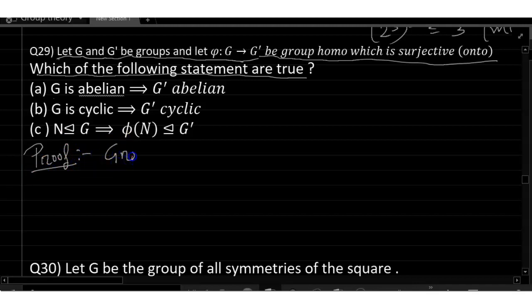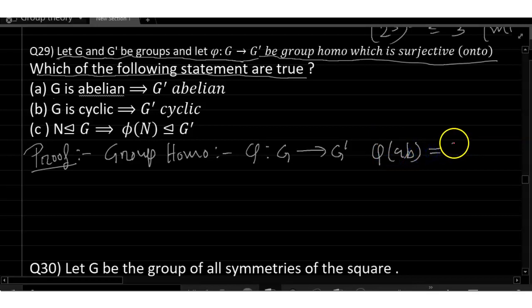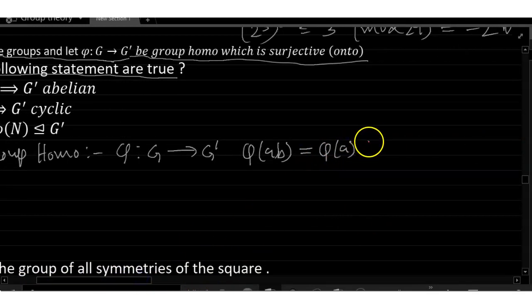Phi is a homomorphism from G to G dash such that phi of a comma b equals phi a into phi b for all a, b belonging to G.